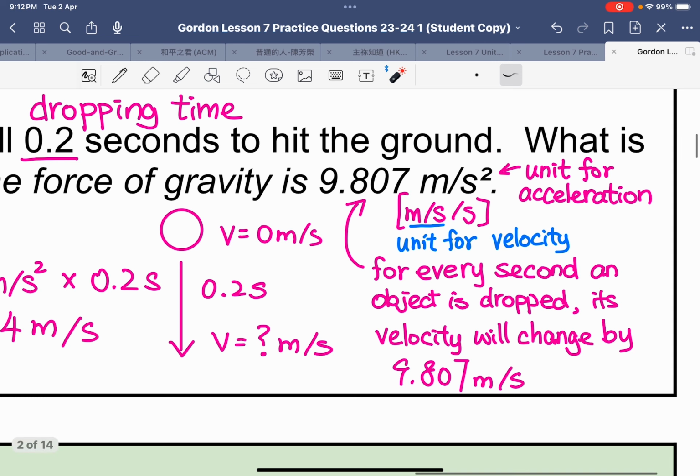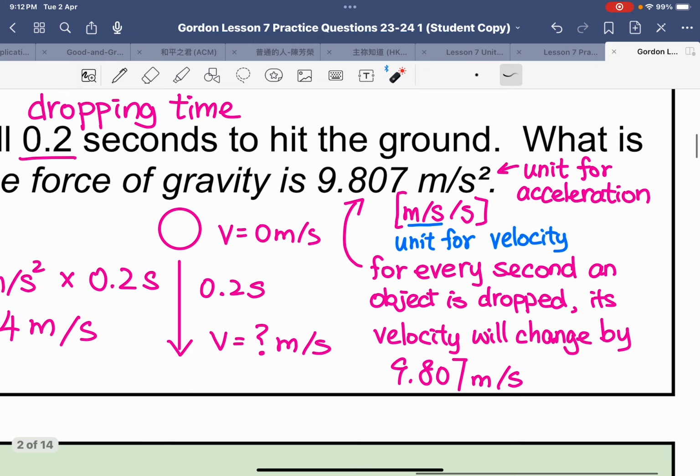Now, this one, meters per second square, it just means that it's meters divided by seconds divided by second. So you're dividing it by second twice, and therefore we have the square. And if you look at the equation, it is actually also the unit for acceleration, because acceleration is velocity divided by time.